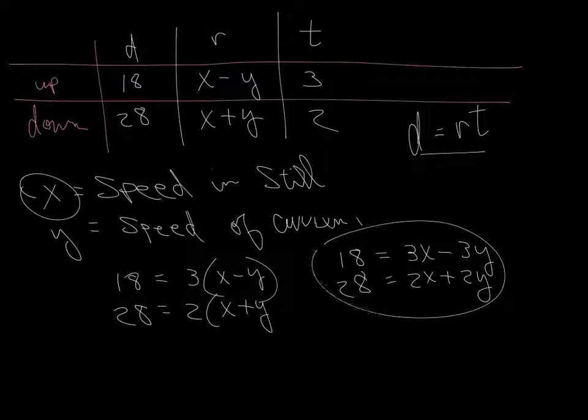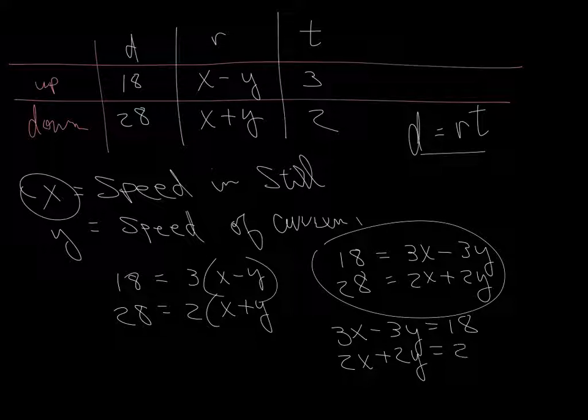I'm just going to take this and flip it completely around and make it 3x minus 3y equals 18, just because I like having the variables on the left. So notice nothing has changed there. I just flipped it around just so it's easier to work with.